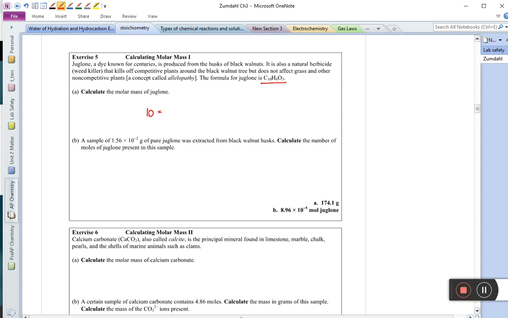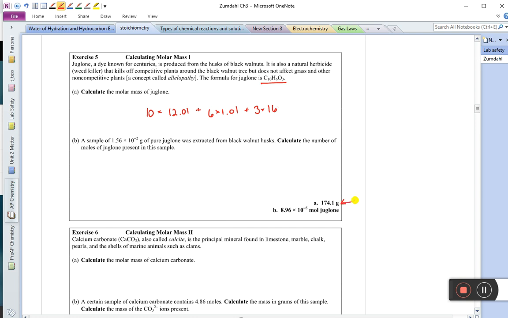So we've got 10 carbons times a molar mass for each carbon of 12.01 plus 6 hydrogens times 1.01 plus 3 oxygens times 16. It's 15.999, round to 16.